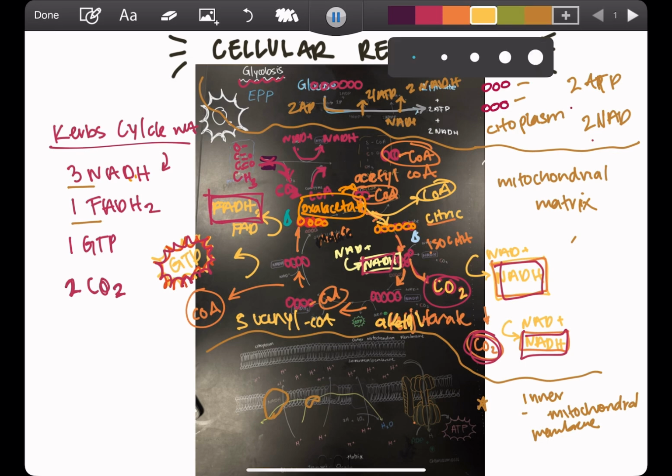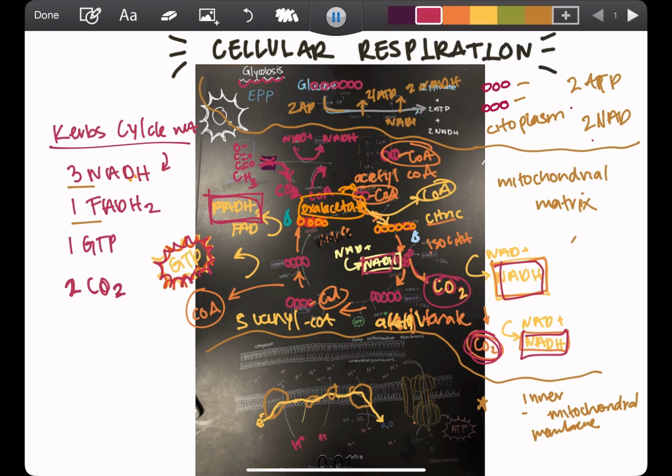As electrons pass through the protein complexes, they release energy, and the energy released from this electron transfer is used to pump protons, or hydrogen ions, from the mitochondrial matrix into the intermembrane space. This creates a proton gradient across the inner mitochondrial membrane. And then we move on to the process of chemiosmosis.